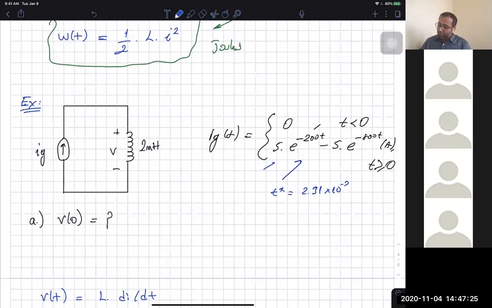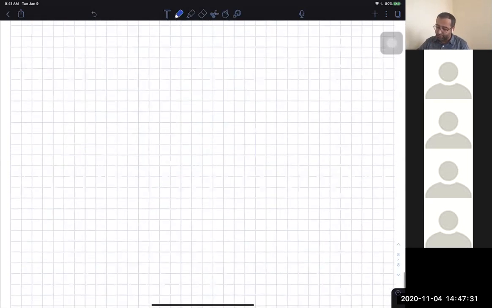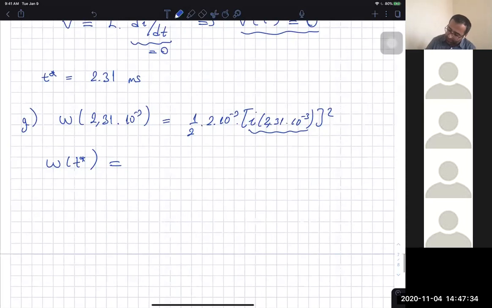If you can give us the number, then we will also calculate the energy after this step, so that these 2's will cancel. So this will be 10 to the minus 3 times the square of that current, whatever we get from the calculation.